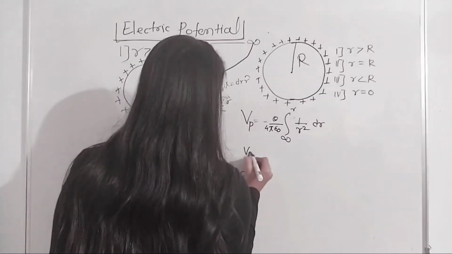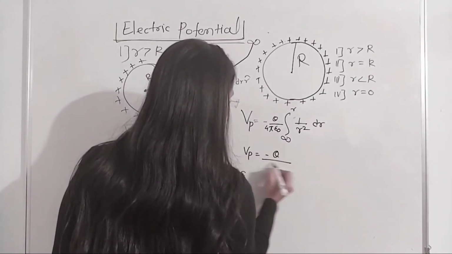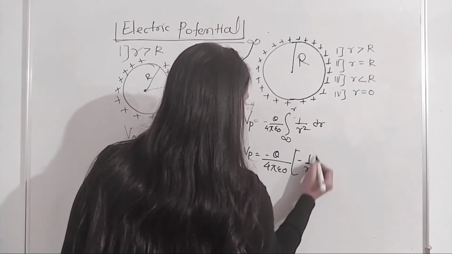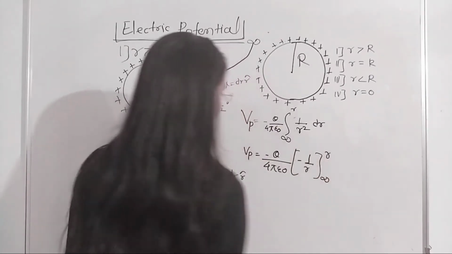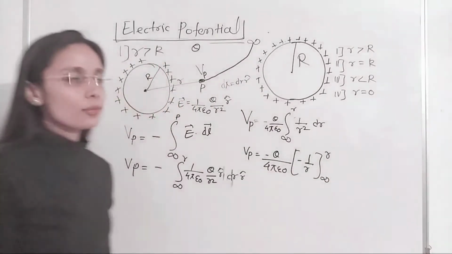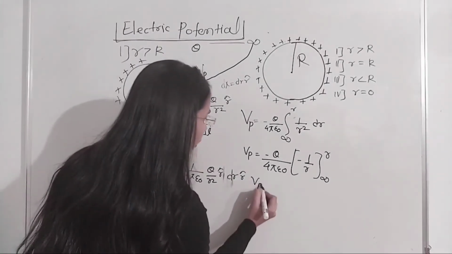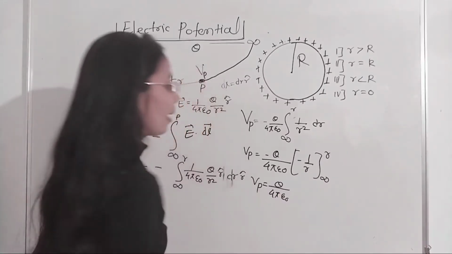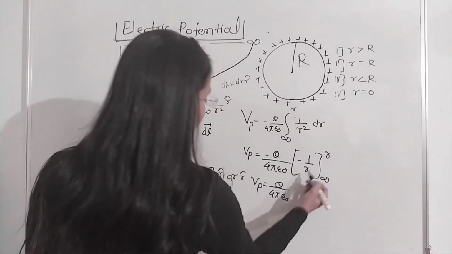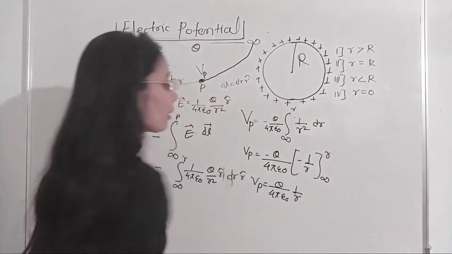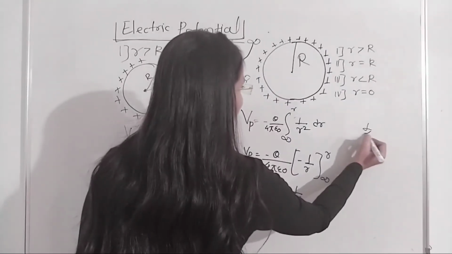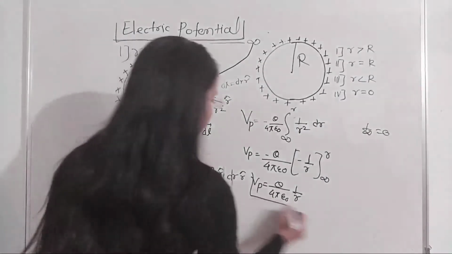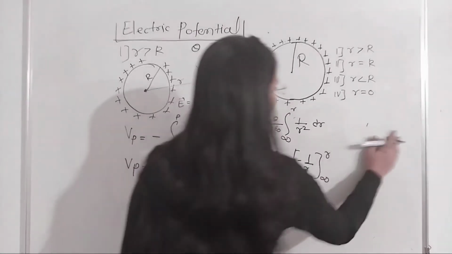So Vp is equal to minus q by 4 pi epsilon naught times minus 1 by r with limits infinity to r. This minus minus becomes plus. Vp is equal to q by 4 pi epsilon naught, and when we put the upper limit we get 1 by r, and when we put the lower limit, 1 by infinity, it becomes 0. So only the upper limit remains.